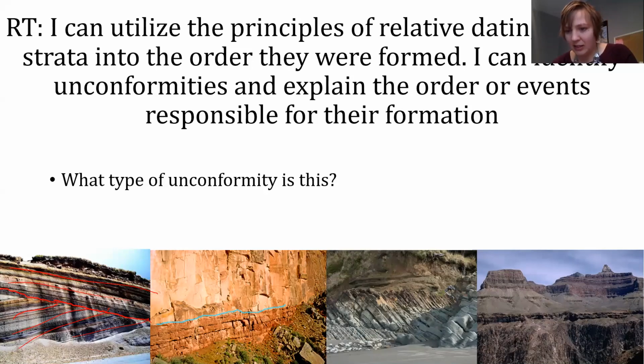And then finally, we have a nonconformity. Nonconformities are the final kind. They happen when you have igneous or metamorphic rocks on the bottom, specifically plutonic igneous rocks, because both plutonic igneous rocks and metamorphic rocks are created much deeper down in the crust, right?